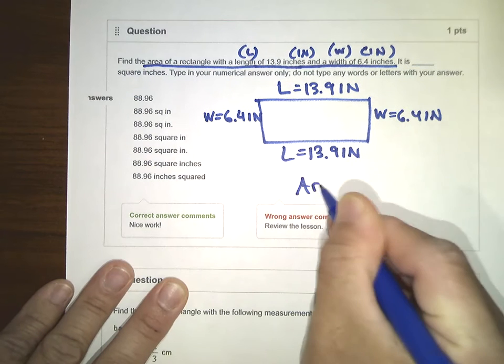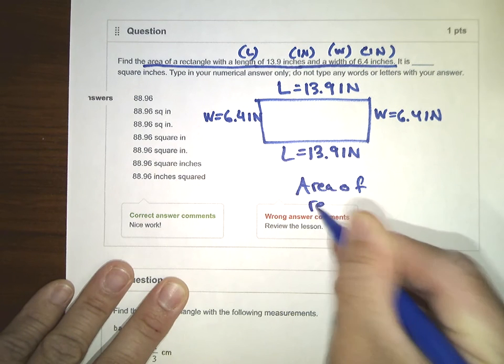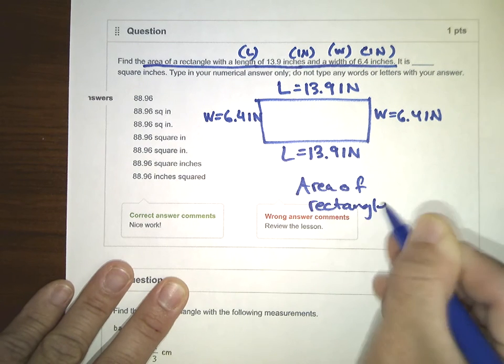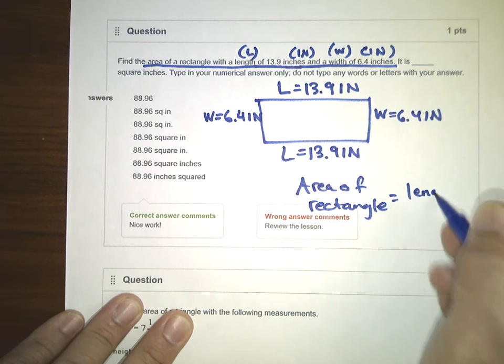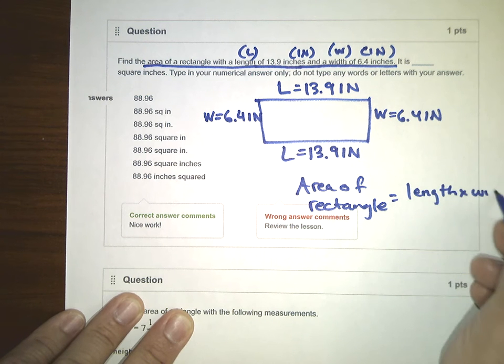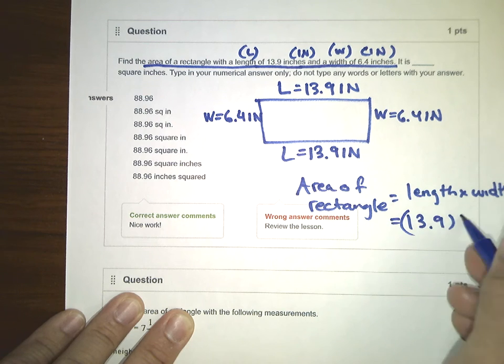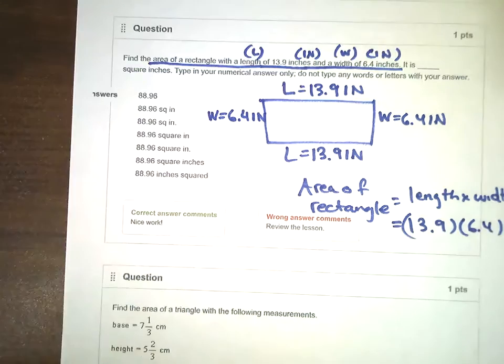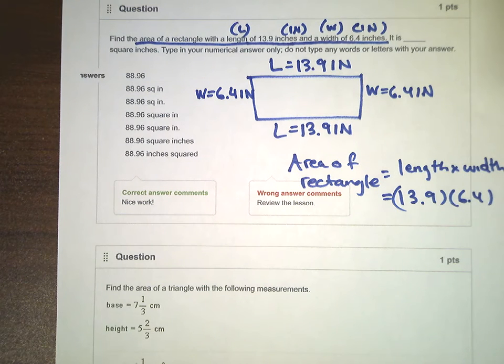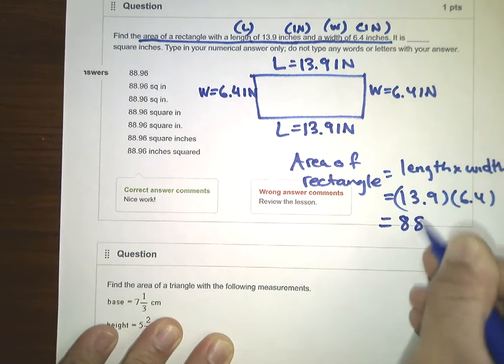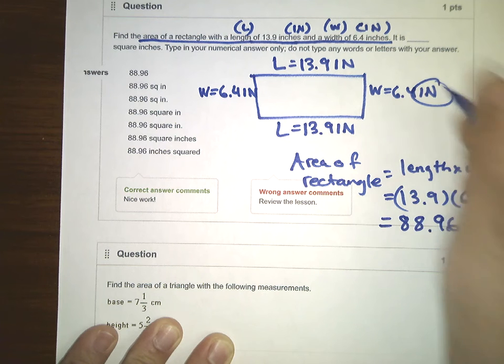So the area of a rectangle is going to be the length of the rectangle times its width. So this will be 13.9 times 6.4. That gives us a grand total of 88.96, and you see this is in inches.